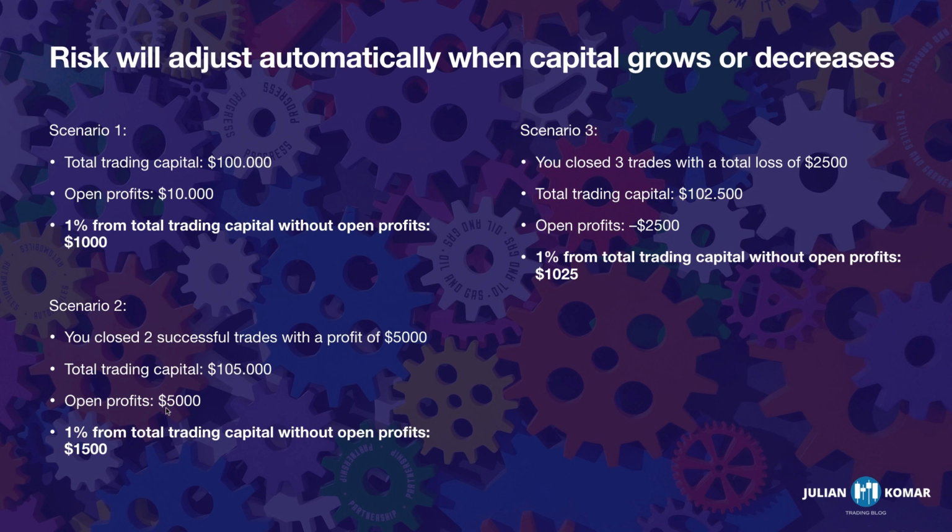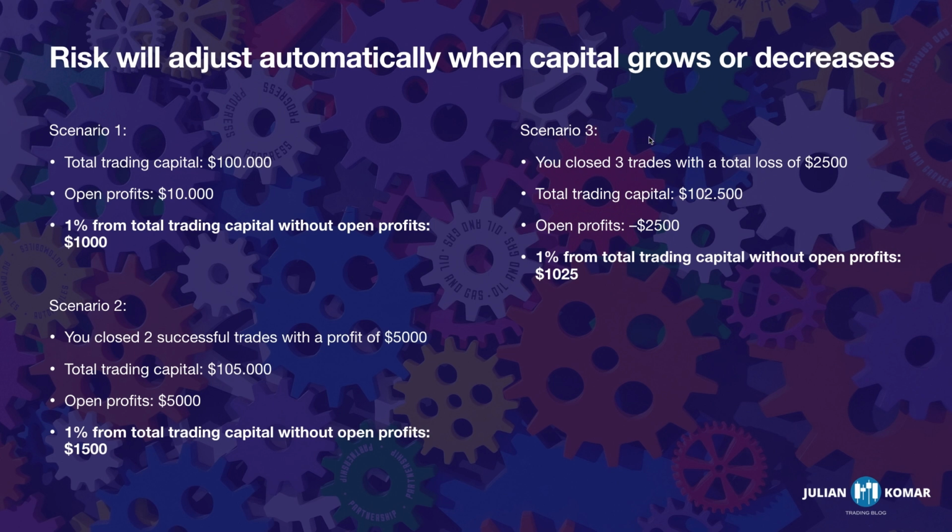And now you take 1% from 105,000. So now your 1% grows to, that's wrong here in that example, sorry, not 1,500, but 1,050 in that case. And you can see that because we are using this percentage, it automatically grows. And your risk is growing and you are able to risk more money.